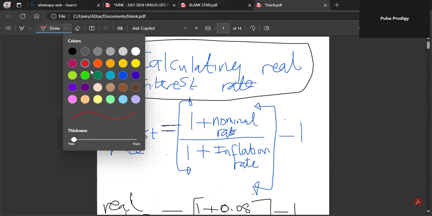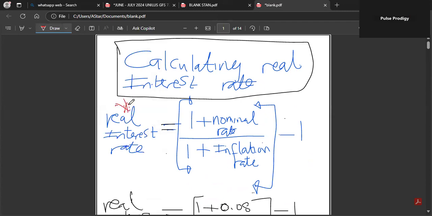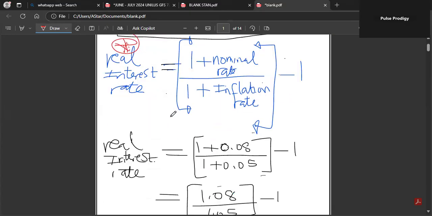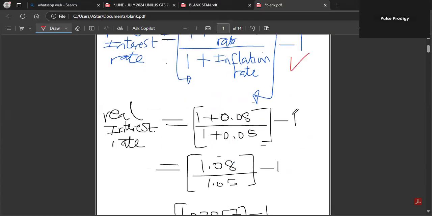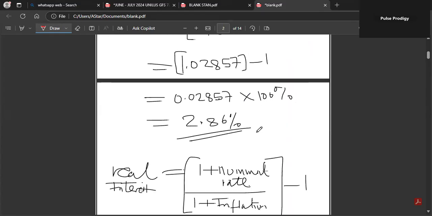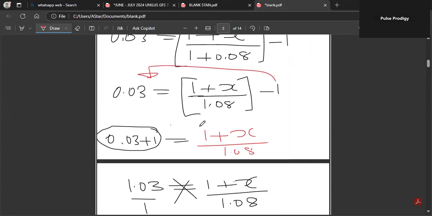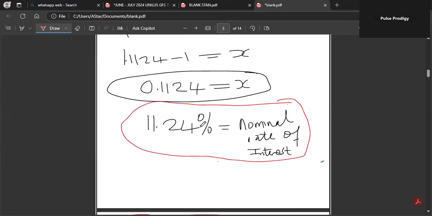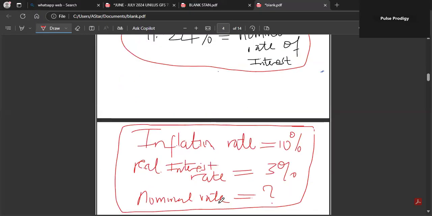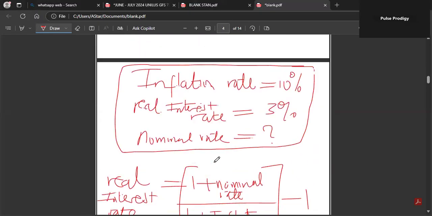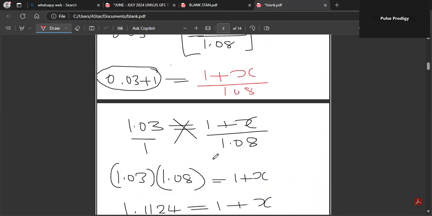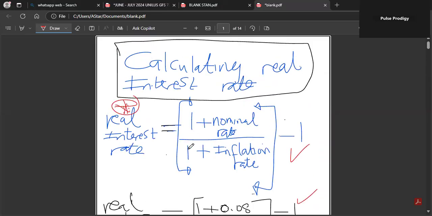Okay, before we now can switch to the other things, this is what we have. Real interest, you have that one. And then manipulating the formula, we are getting the values. So just check what we've been given as you look at this formula. If they want this one, you cross multiply to get what you want.